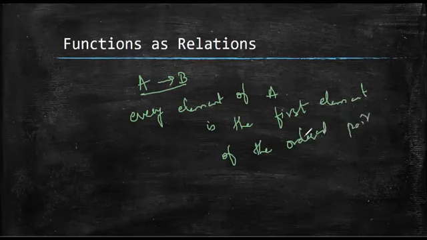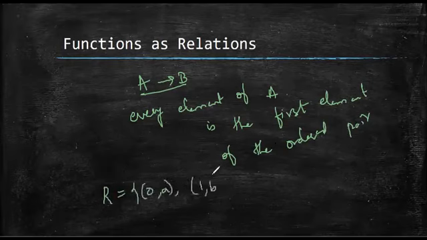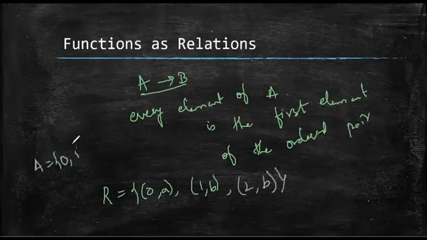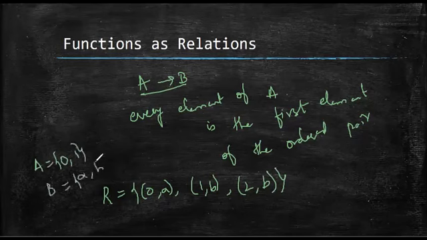Suppose we were considering the relation R = {(0,a), (1,b), (2,b)} from the sets A = {0, 1} and B = {a, b, c}. In this case, you can notice that every element of A is the first element of an ordered pair.